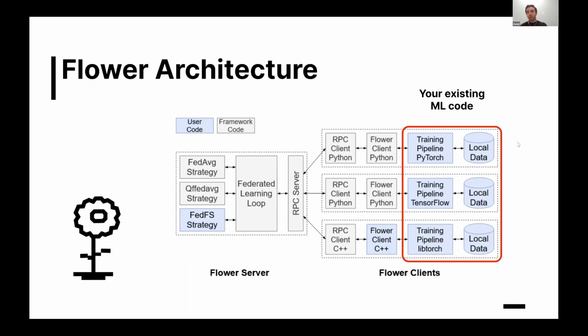and then on the other hand, there's the Flower framework that takes care of all of the federation part: the network communication, the serialization of the stuff that gets sent over the network, the deserialization, and then the handling of the averaging, the selection of the clients, and all of the things that are involved in federated learning.